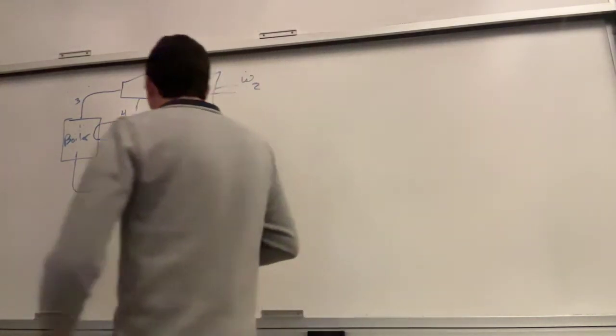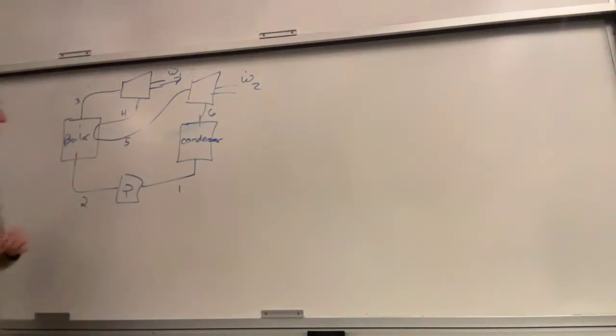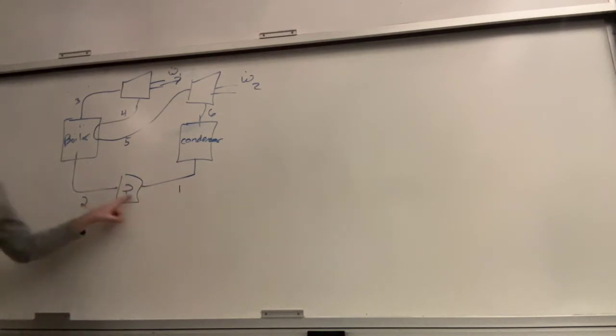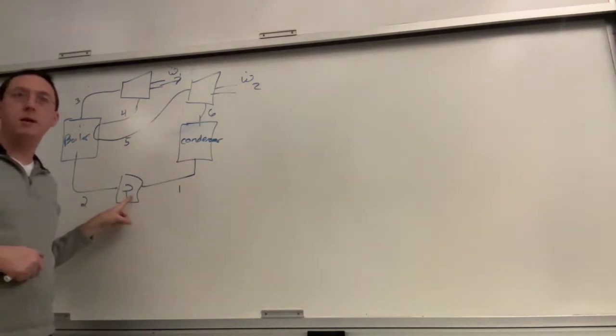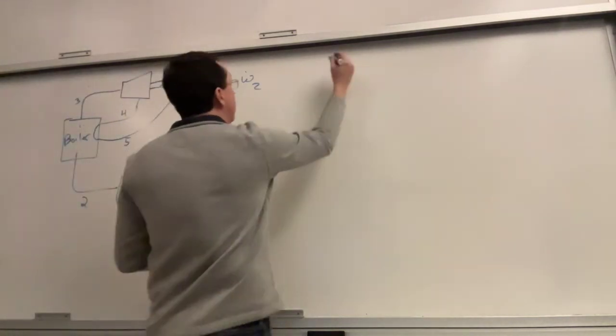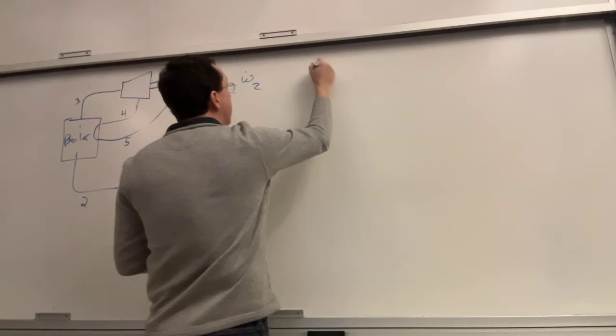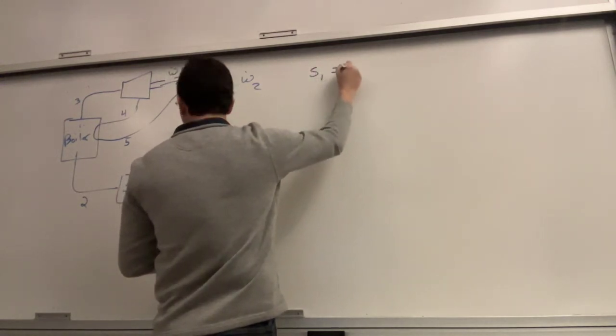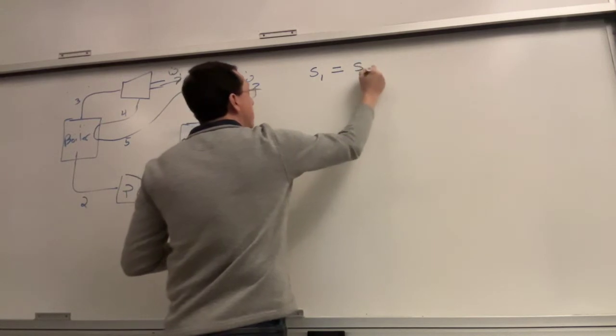What are the assumptions going to imply for states 1 and 2? What can my assumption about a pump tell me about those? What was the assumption for a pump? Isentropic. So we're going to assume that the entropy at 1 equals the entropy at 2.